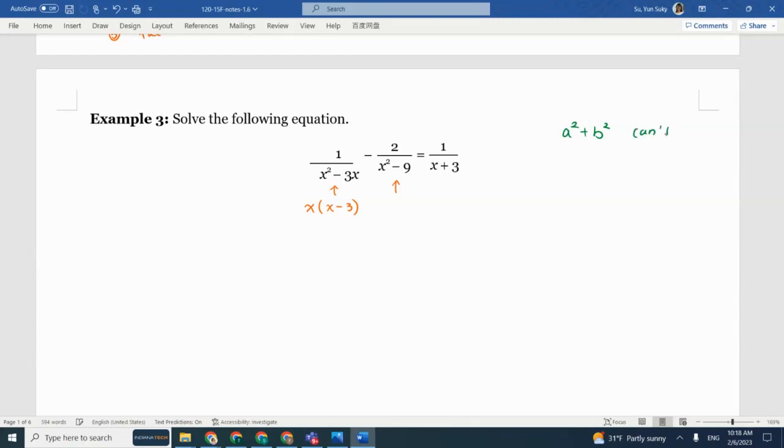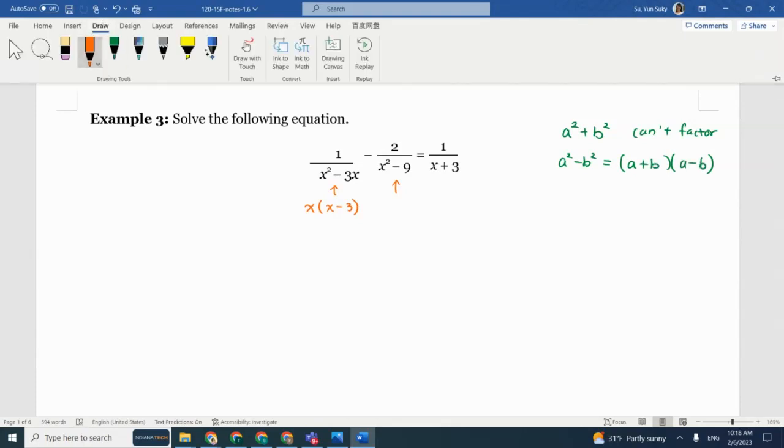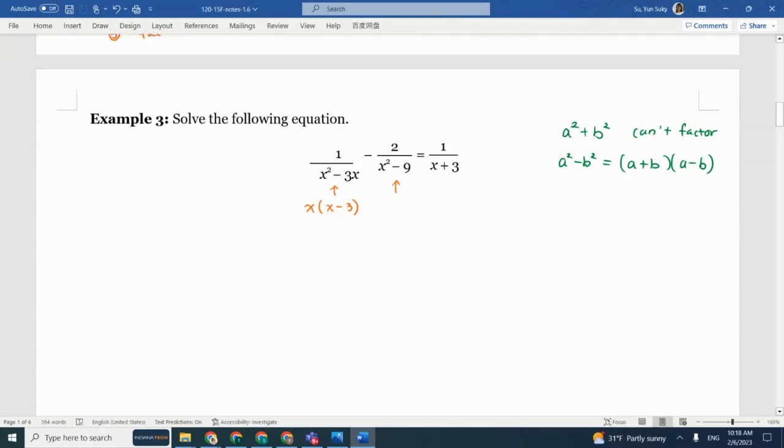No, we can't factor. But when you see a squared minus b squared, what do you get? Yeah, a plus b, a minus b. So now, what is x squared minus 9? This one is very, very important. Write it down on your piece of paper and then review it every day.